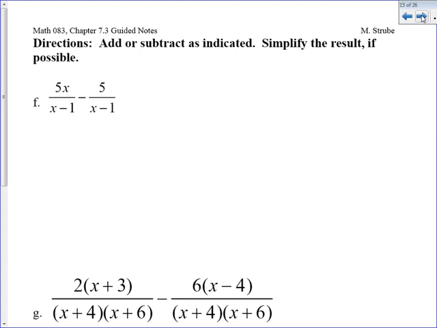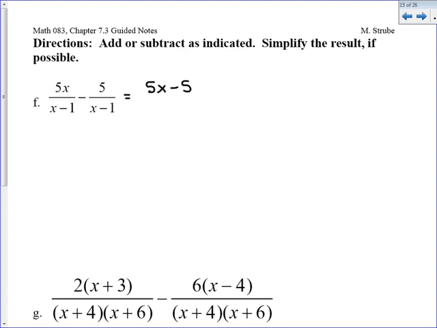All right, F. 5x over x minus 1 minus 5 over x minus 1. Now it is a subtraction problem, but I don't have to be quite as careful because my numerators are monomials. The only time you absolutely really should put those parentheses is if this second numerator has more than one term. So I'm going to set up the first numerator minus the second.